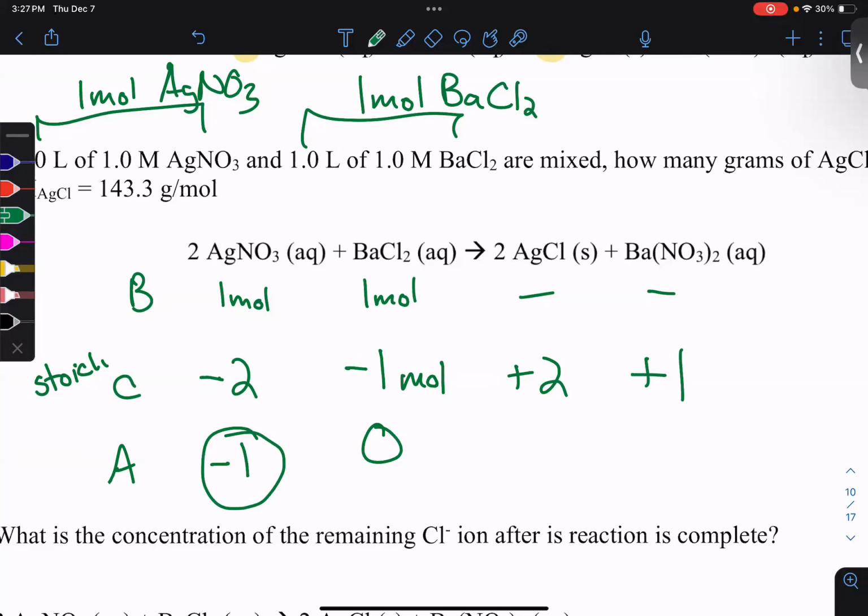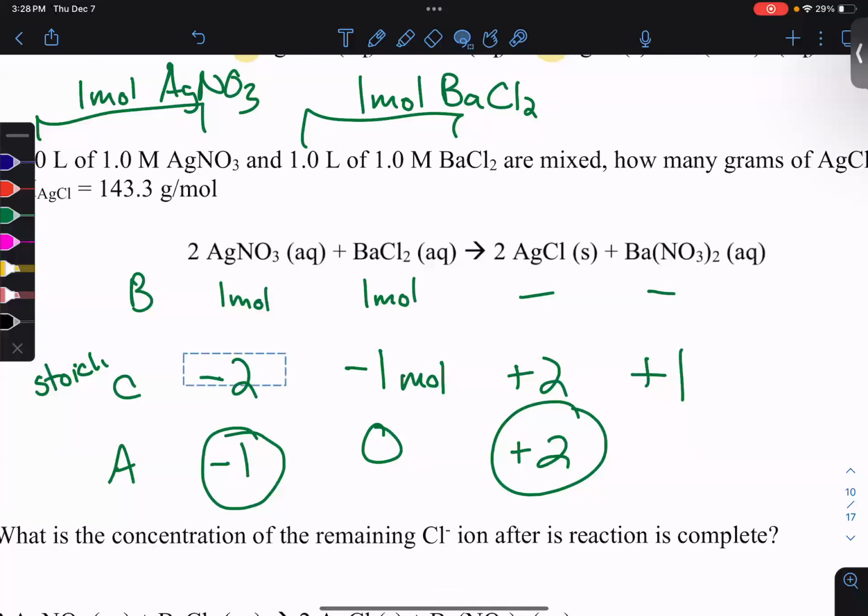You can't have that. And so in this case, when we do the BCA table deliberately wrong, we get negative values. And then what does that imply about this 2 moles of product that I made? Does it mean anything? No, it means nothing, all right? And that's the point of a BCA table, that it'll show you whether you're right or wrong. So this is completely wrong.